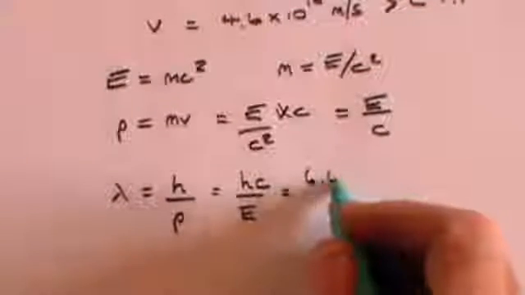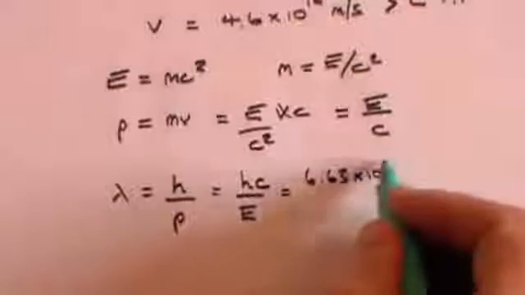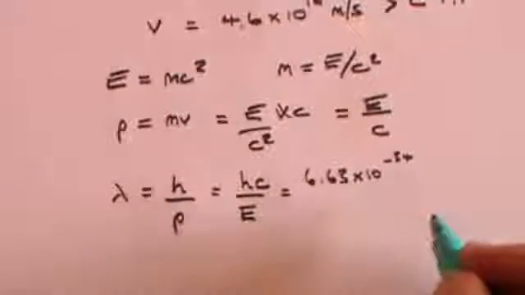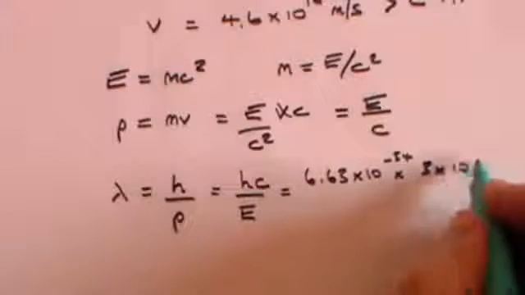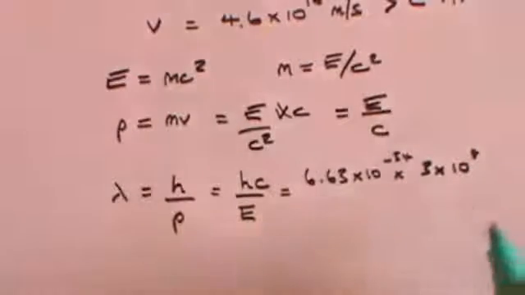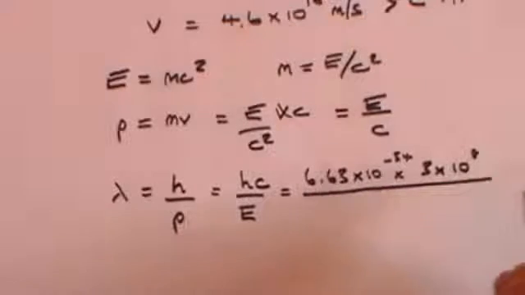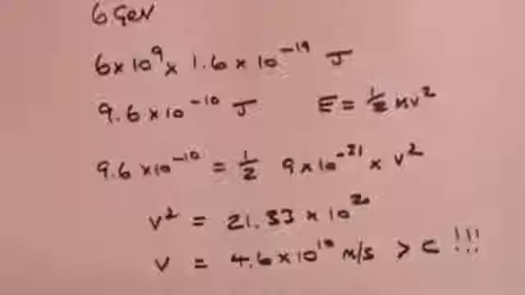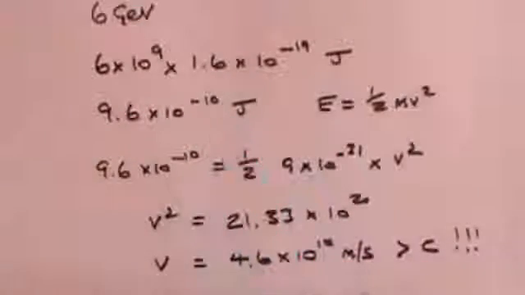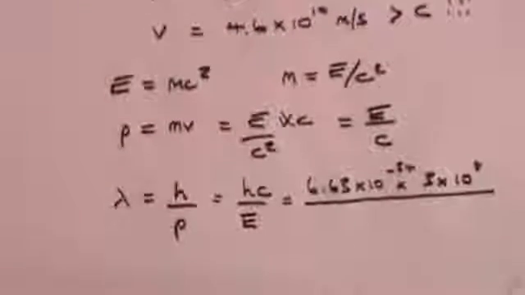So let's just calculate that out. h, Planck's constant, is 6.63 times 10 to the minus 34. The speed of light, c, is 3 times 10 to the 8th meters per second. And that's divided by the energy, which we calculated up here, 9.6 times 10 to the minus 10 joules.